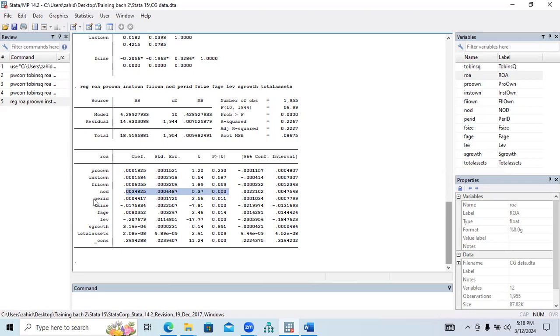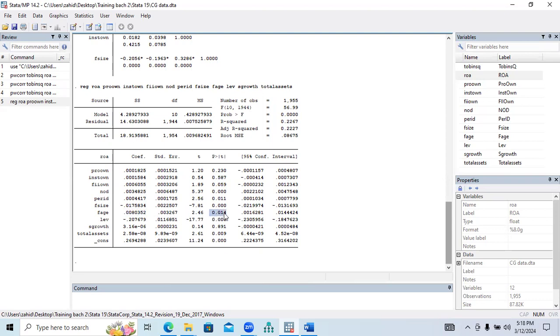Next is PE rate. It is positively impacting and highly significant with reference to the p value also. Then there is firm size. It is negatively impacting and also highly significant. Then we have firm age. It is positively impacting and also highly significant.